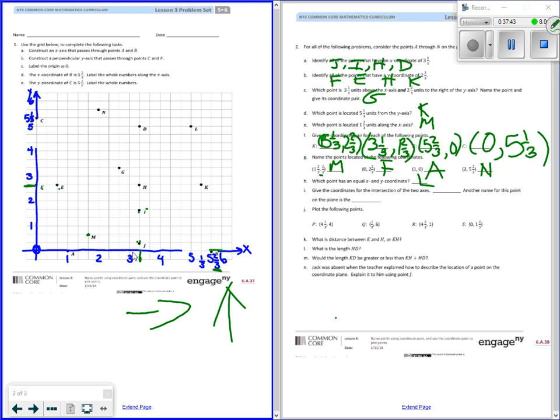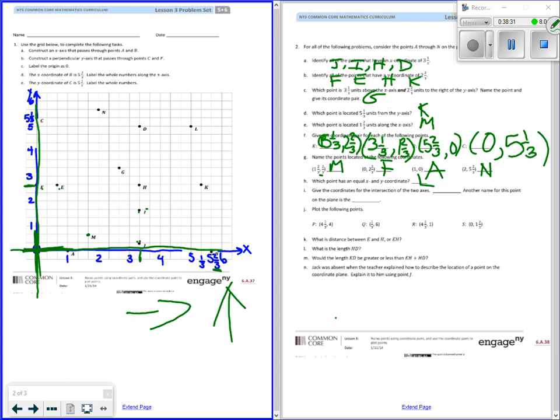What are the coordinates for the intersection of the two axes? X-axis, y-axis. What are the coordinates for where they cross? That's not coordinates, that's one number. Coordinates are 2 numbers, not letters. I need 2 numbers. 1, 0?